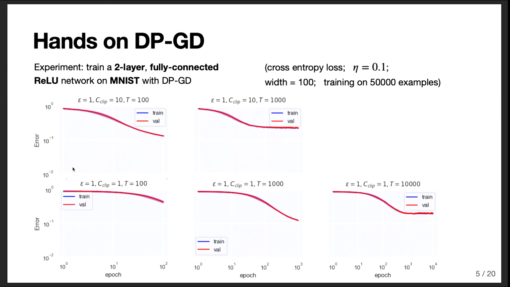The first thing that I noticed, which made me look for a bug in this code, is that the training and validation error in these plots overlap almost completely. So either there is a bug in my code or this makes complete sense, because if we are respecting privacy, there is no way we can distinguish training images from test images.